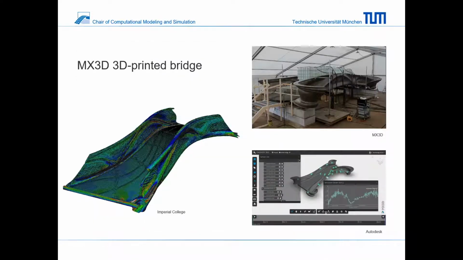Then a third example, again completely different. This is a quite famous example of a 3D printed bridge where many researchers, especially in the UK, have been involved. You see on the right-hand side, in the upper part, the physical object that has been produced. It's equipped with a large number of sensors.